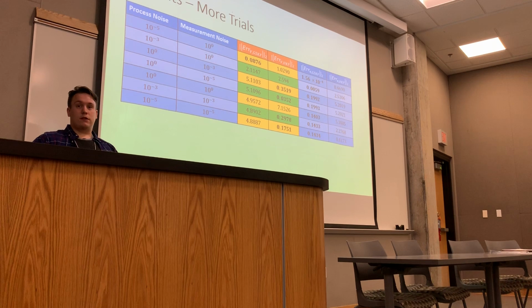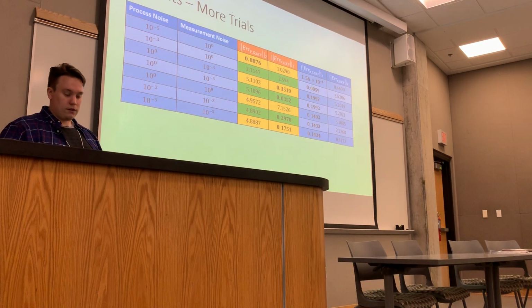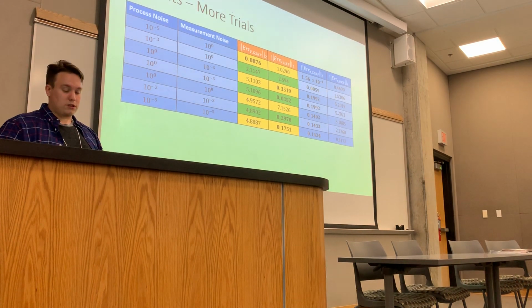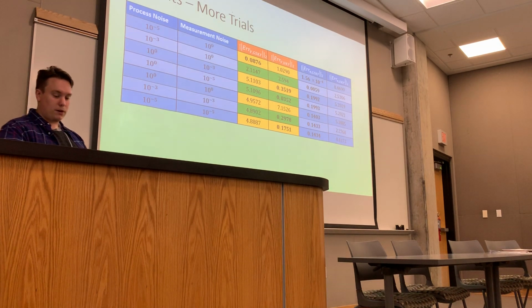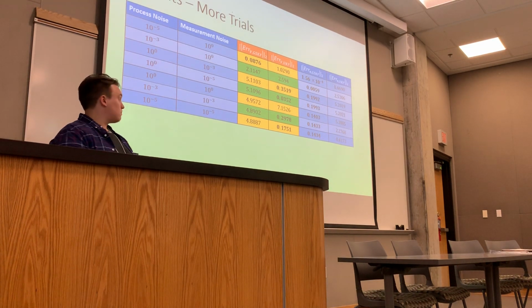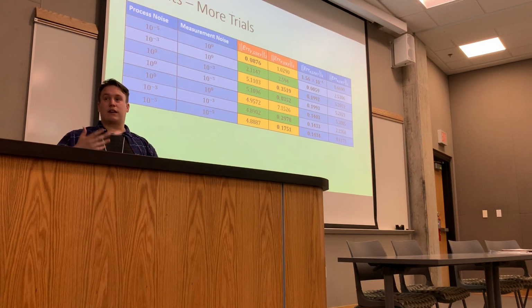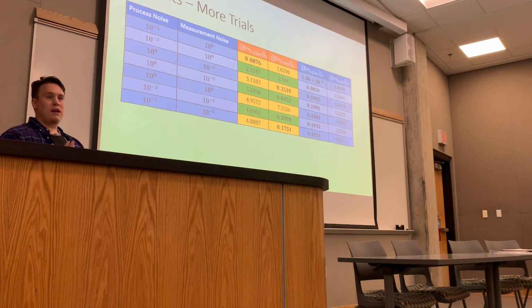The linear filter, that gain scheduled Kalman filter, really doesn't do well if we have a high process noise relative to our measurement noise, but it does an alright job of reconstructing that unmeasured variable in most cases.